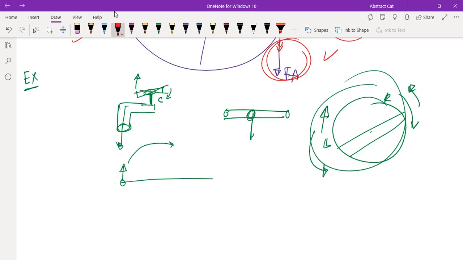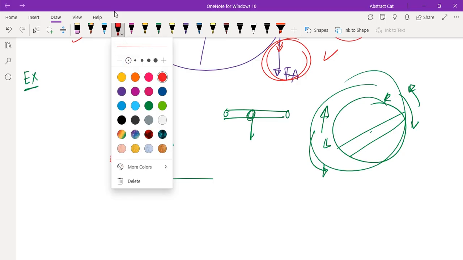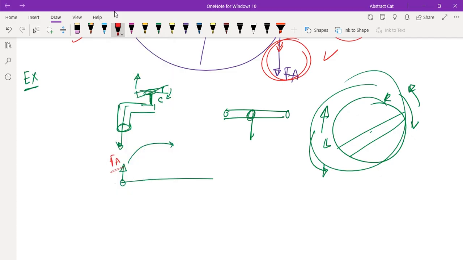If one force is applied here, another force is applied in the downward direction, and these two forces are the same.